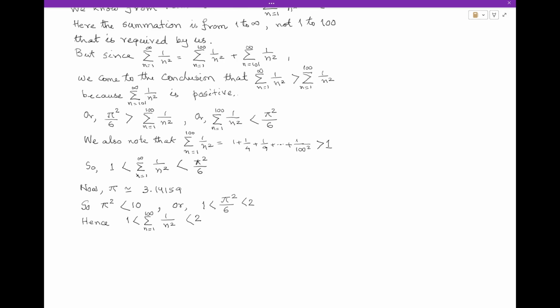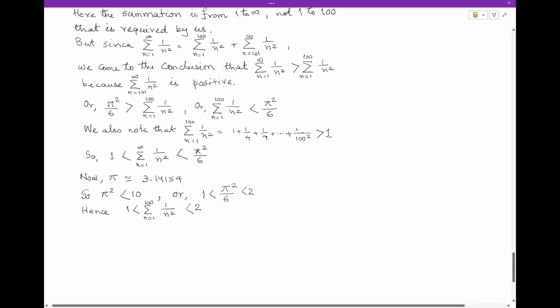We also note that summation of n is equal to 1 to infinity 1 by n square, if we write down the terms, is 1 plus 1 by 4 plus 1 by 9. Like this, it will go on up to 1 by 100 squared.